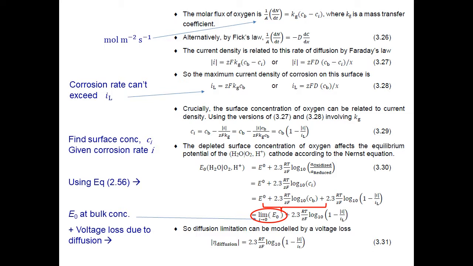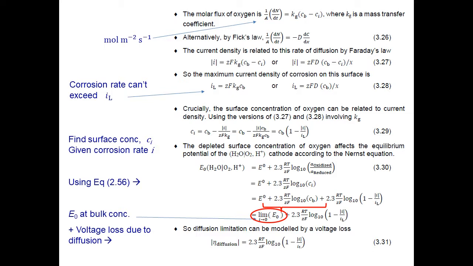Now, I can do something more useful than this, because I can take equations 3.27 and 3.28, and I can say if the current density of corrosion at the metal surface is small i, then I can get an expression for what the surface oxygen concentration Ci is.